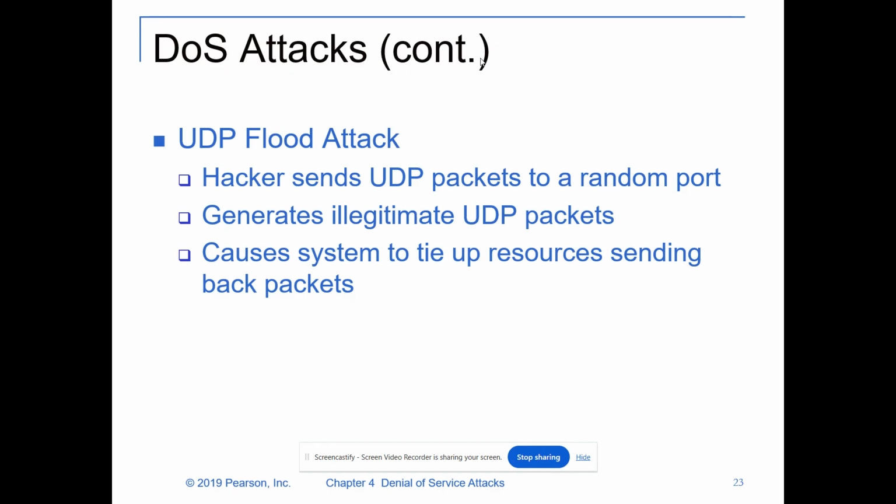And then a flood of the illegitimate UDP packets can cause the system to tie up its resources, sending back ICMP packets. This is a standard denial of service attack, ultimately slowing down the system by tying up multiple system resources.